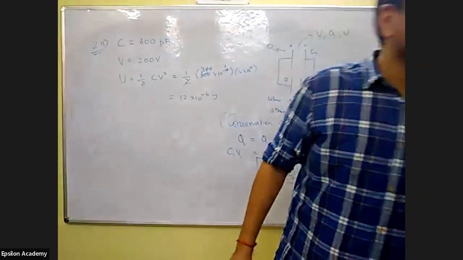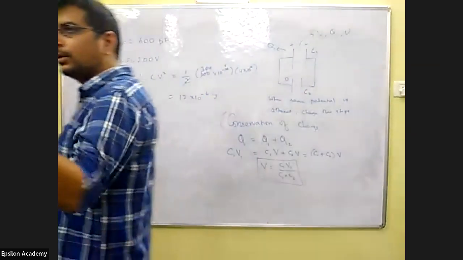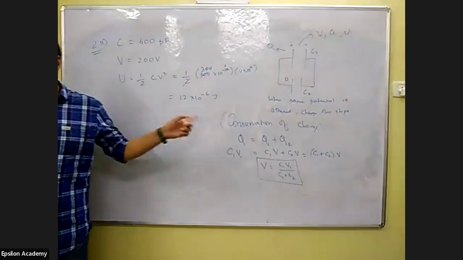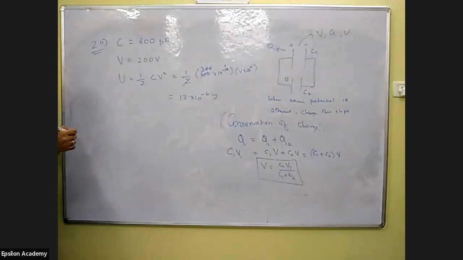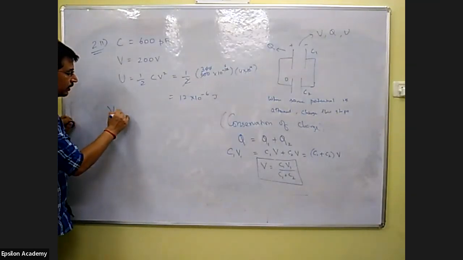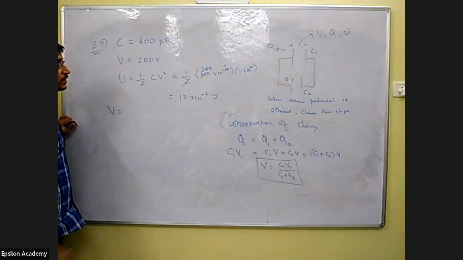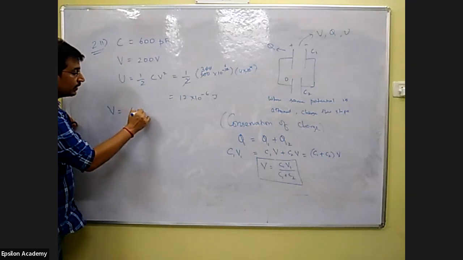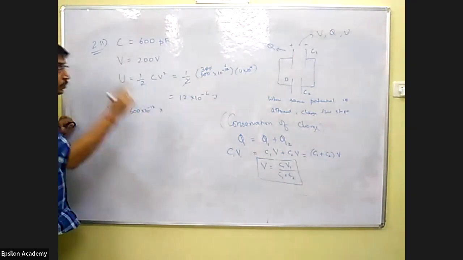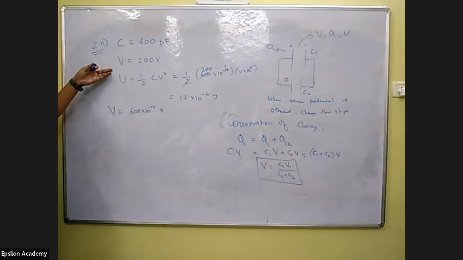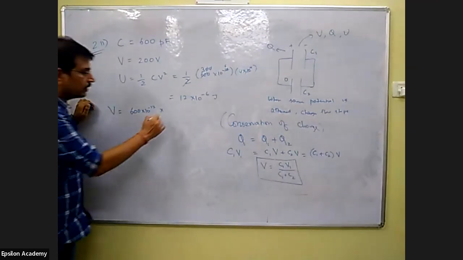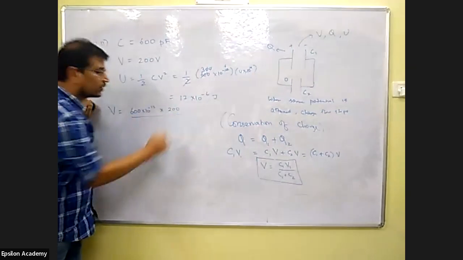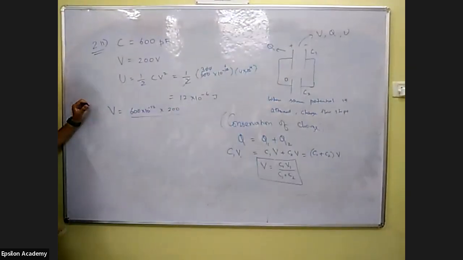So now can you find the common potential using this formula for this problem? So what is the common potential? V will be equal to C1, which was how much? 600 into 10 power minus 12, into what was the value of V1? It's 200, divided by C1 plus C2.